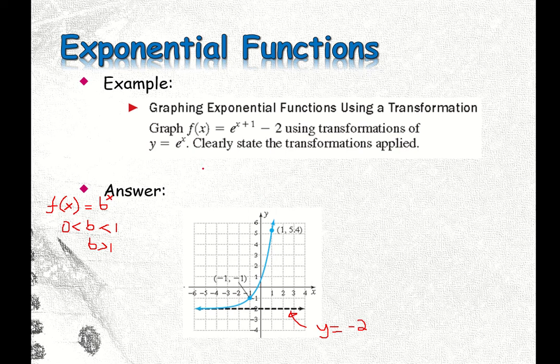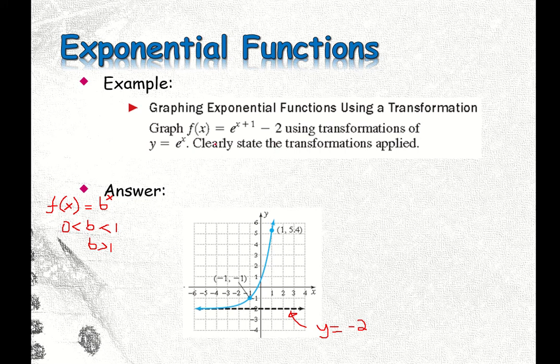It's just a matter of knowing the basic concept. Like this one, e, we know the value of e, 2.7182818. So you know that e is greater than 1, and we have two conditions for b, less than 1 or greater than 1.